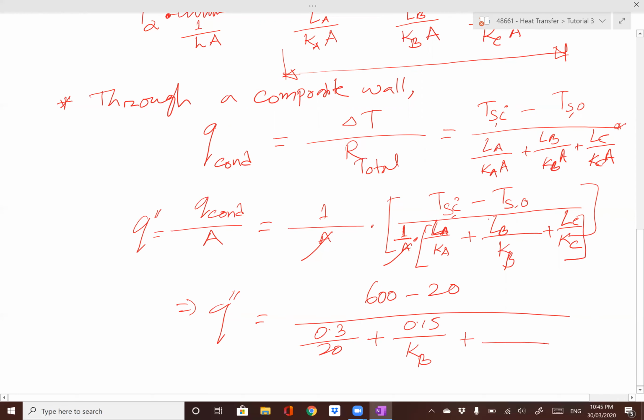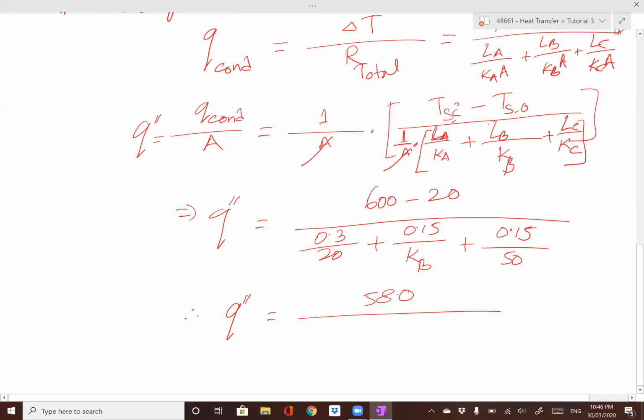We will find out this one. Material C length given 0.15 and thermal conductivity given 50. So from here we'll get the heat flux through the composite wall. It will be 580 over 0.018 plus 0.15 over Kb for material B.